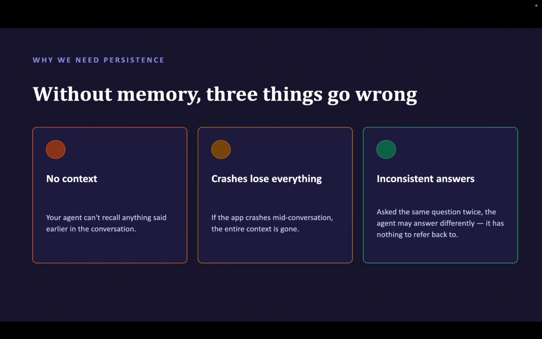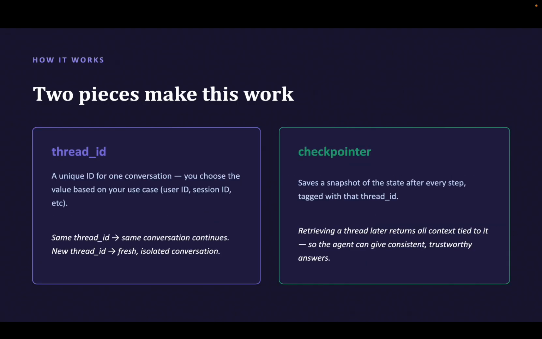So to overcome these issues, we need to set up memory in our LangGraph application. Let's see in the example how we are going to set up memory. To set up memory in LangGraph, we need a thread ID and a checkpointer. A thread ID is simply a unique ID for each session, and the checkpointer is a snapshot of the state.